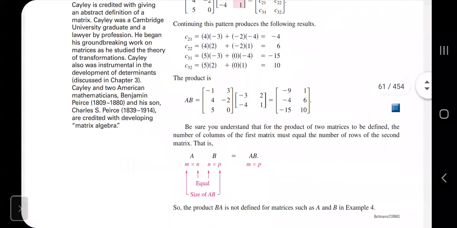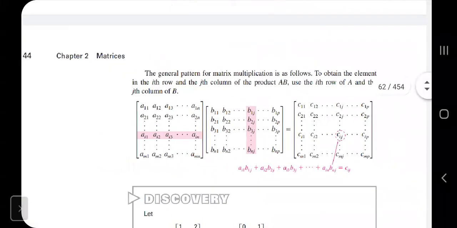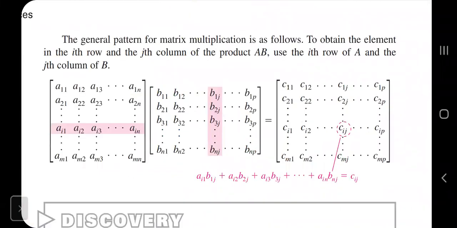What is the general pattern for matrix multiplication? In the example I'm showing you right now, I took the ith row of the first matrix, and then I took the jth column of the second matrix, and did that dot-product thing.